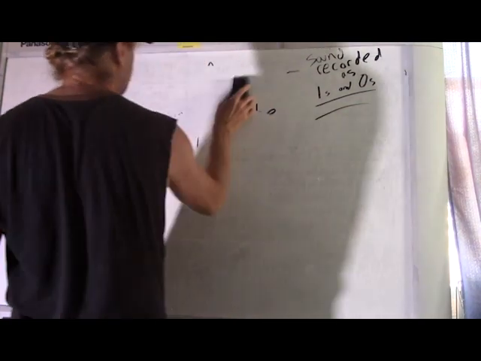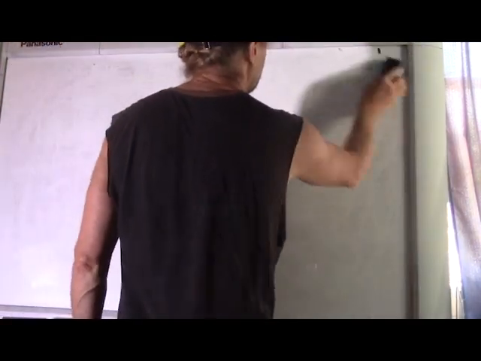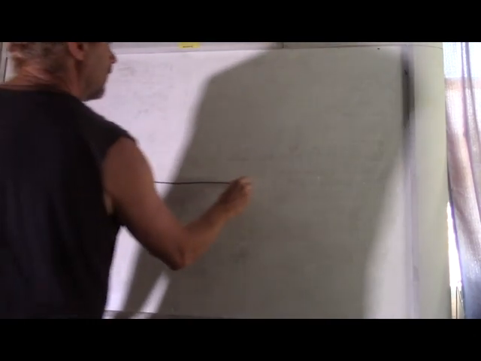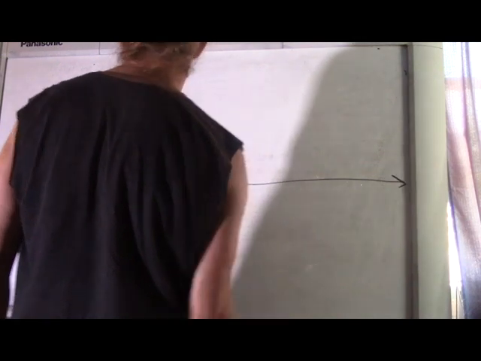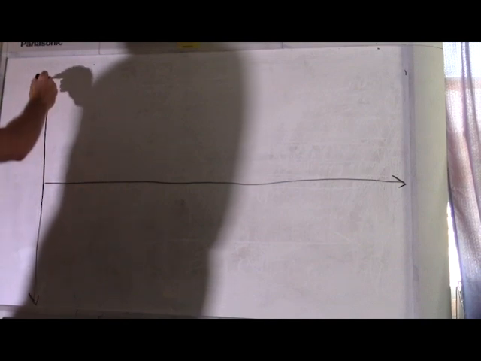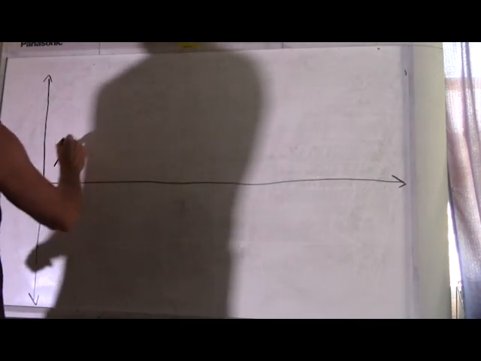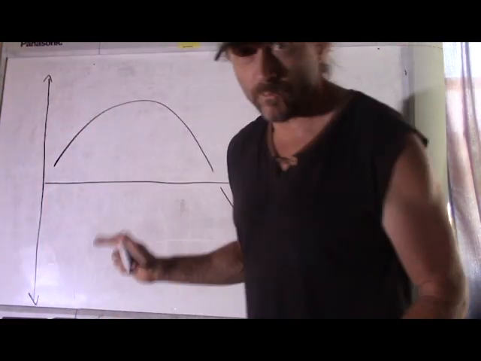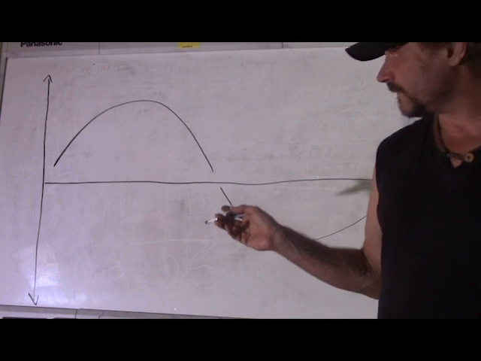Let's make ourselves a graph. So, we've got, let's say, this is time, and this is our plus and minus with a wave that's like that. I'm going to make a really simple wave just to talk about this at first.